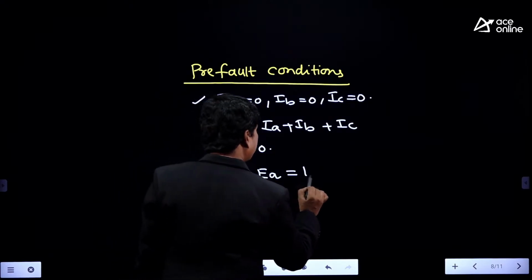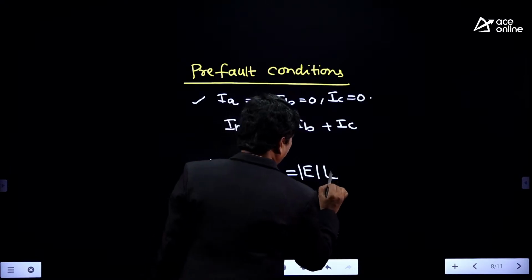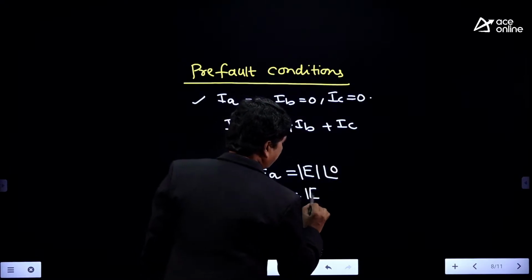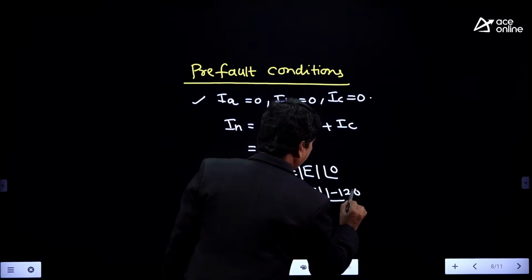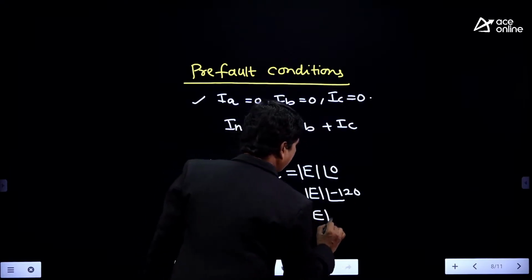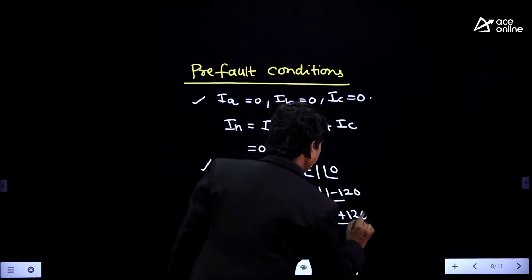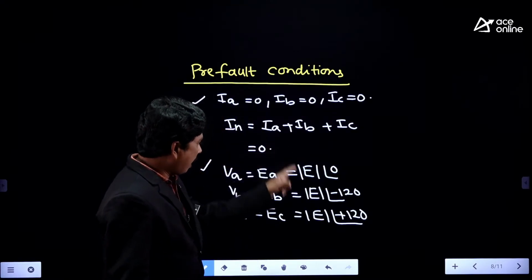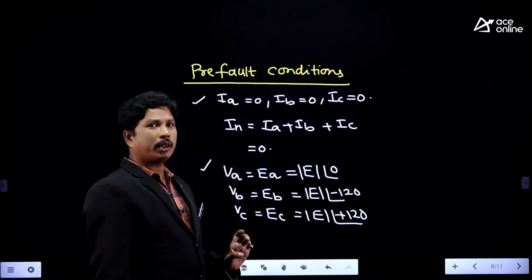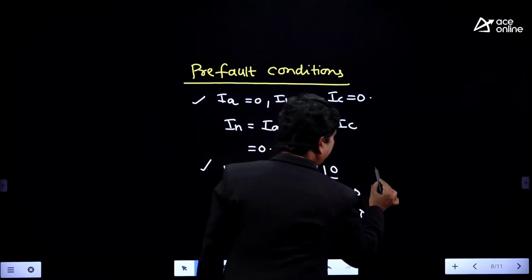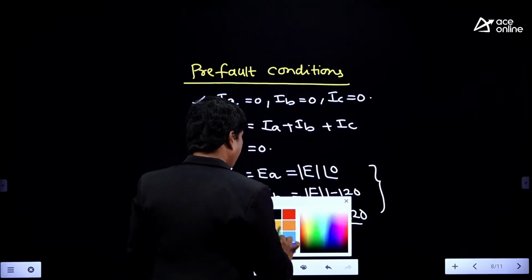What is EA, students? Magnitude of E at an angle of 0, then magnitude of E at an angle of minus 120, and magnitude of E at an angle of plus 120. Clear? All have equal magnitudes with 120 degrees phase difference, so we can say this is a balanced system.